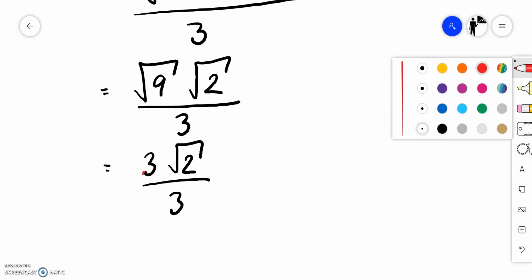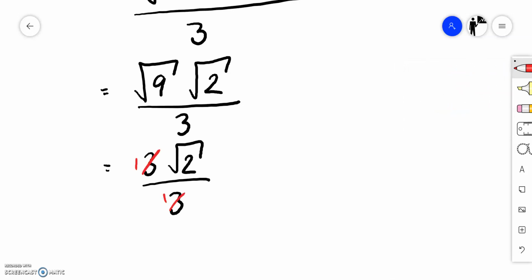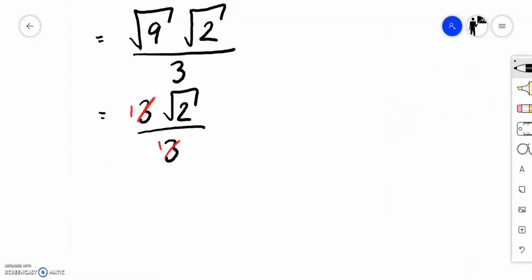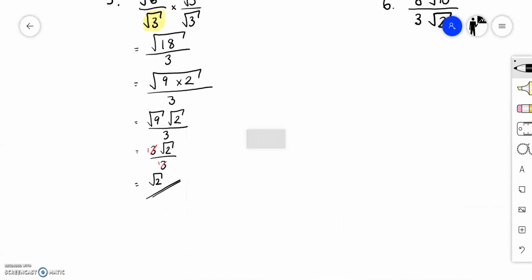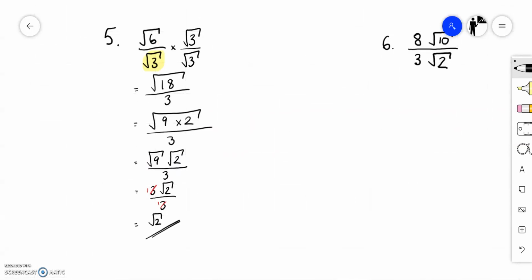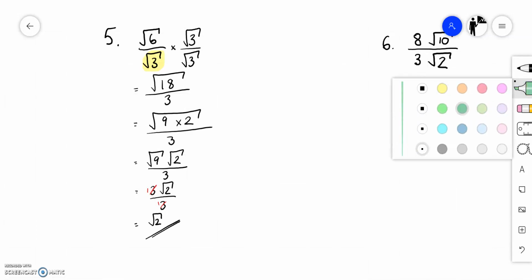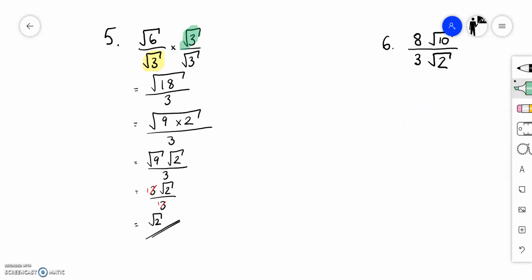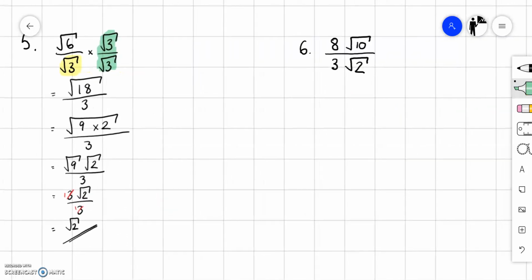And hopefully you can see 3 goes into this once and into this once. So I'm going to have 1 root 2 over 1. So that's just going to be root 2. So importantly, there is no surd on the denominator. Okay, so a lot more work involved there. But the essential step of multiplying surds comes from multiplying numerator and denominator by the surd on the denominator.